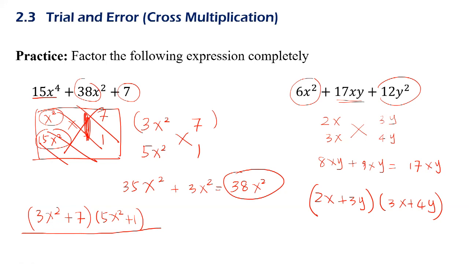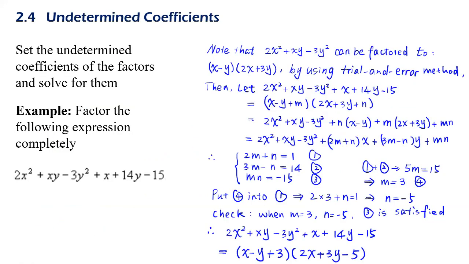Okay, so let's have a look at the next technique, which is called undetermined coefficients. This technique is usually suitable for factoring an expression with a pattern like this. For example, let's take this expression as an example.